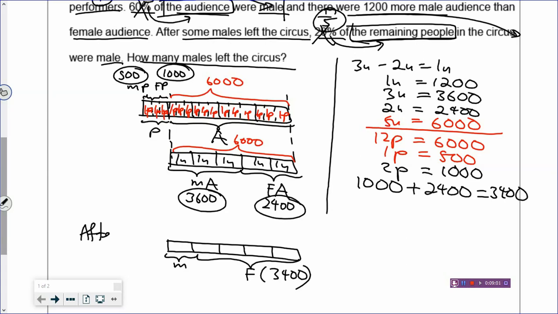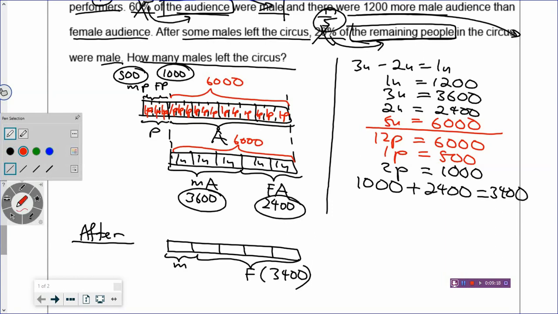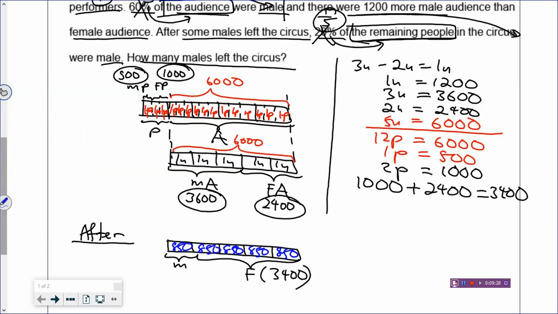So you take 3400 and divide by 4, and what do you get? You will get 850. So let's put down 3400, 850, 850, 850, 850, and the males is also 850.